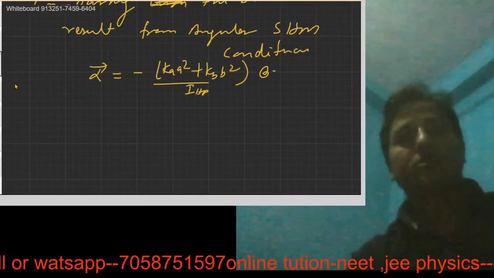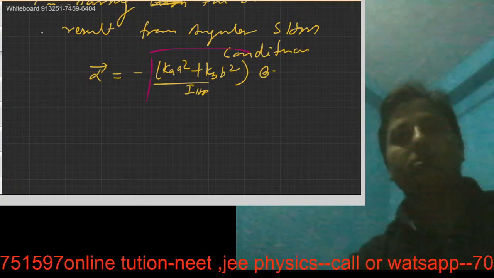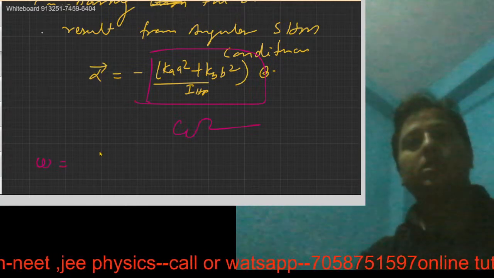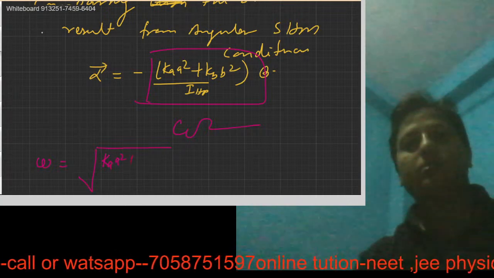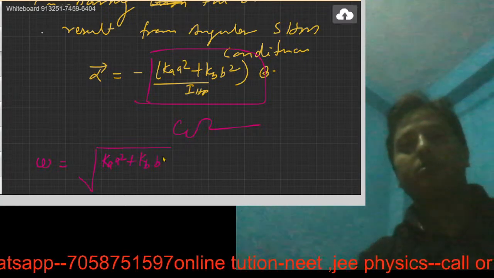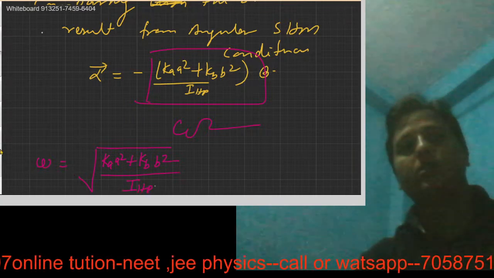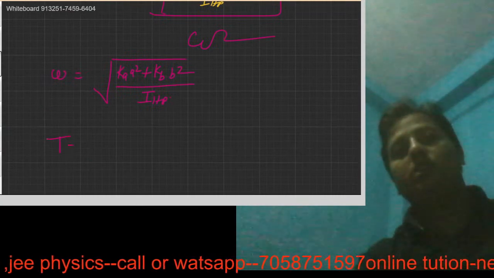So this is omega square. So omega is the square root of Ka A square plus Kb B square over I about the hinge point. So what is the time period?